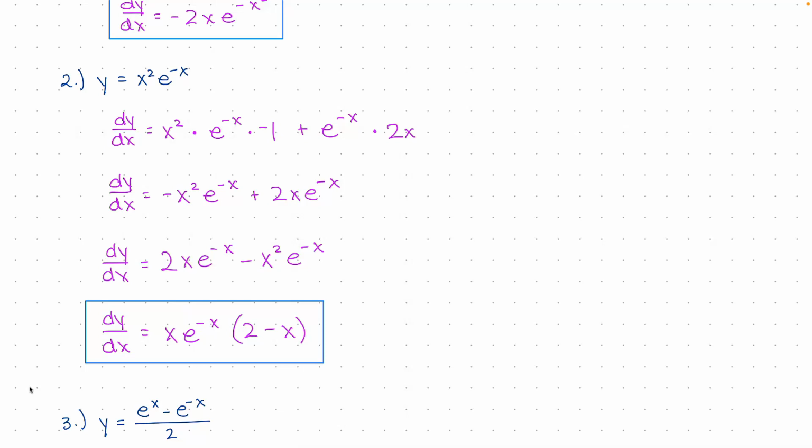So make sure, again, unless the directions specifically say to factor your answer, you don't have to put your answer in factored form. But make sure you know how to factor in case it's multiple choice, because if it's multiple choice, it's most likely going to be factored. And you have to factor to find the zeros. So any questions about number 2?